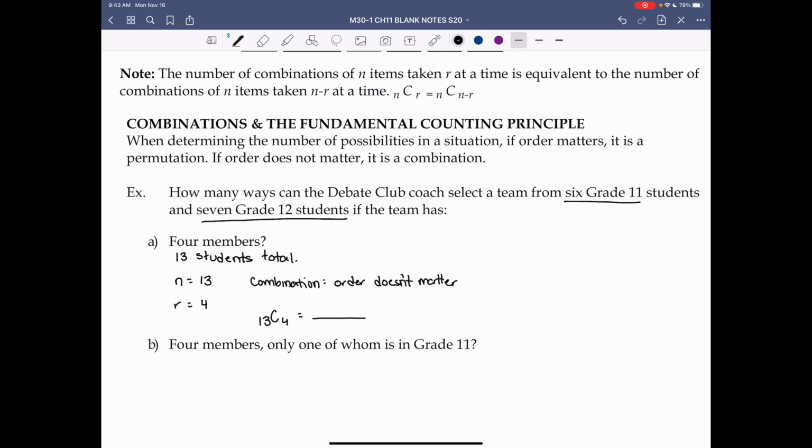It was n factorial, which is 13 factorial, over r factorial, which is 4 factorial, times n minus r, so 13 minus 4 in brackets, factorial. We can simplify this. We get 13 factorial over 4 factorial times 13 minus 4, which is 9 factorial. Then we can calculate.